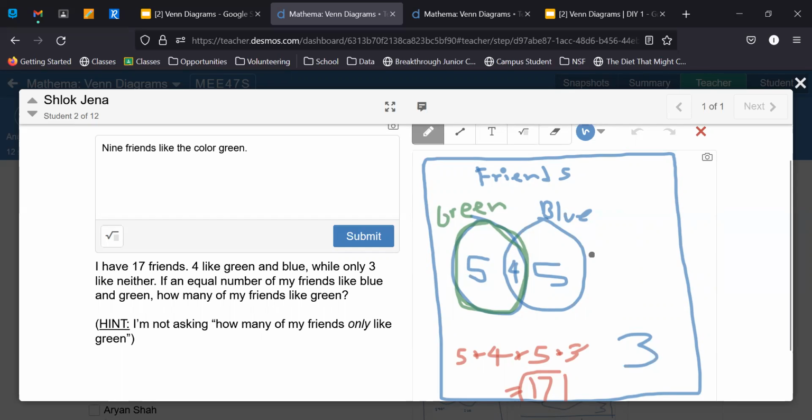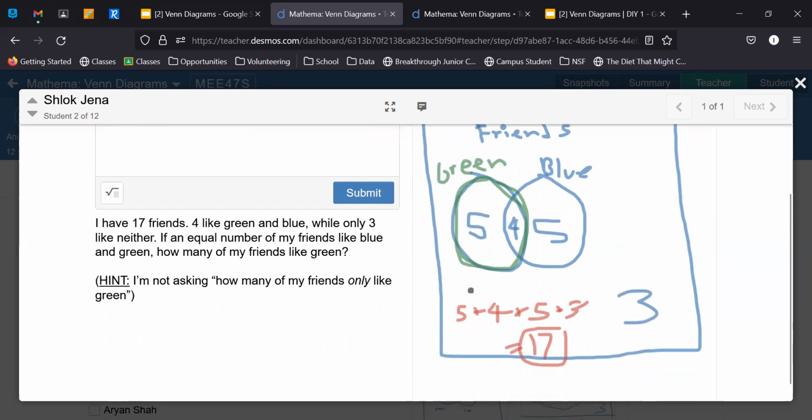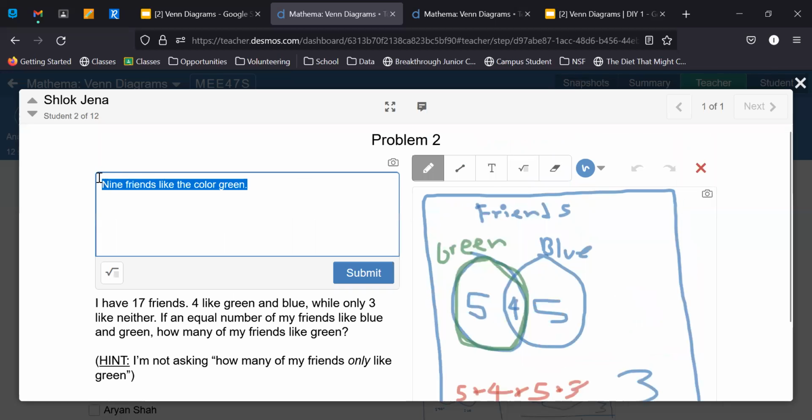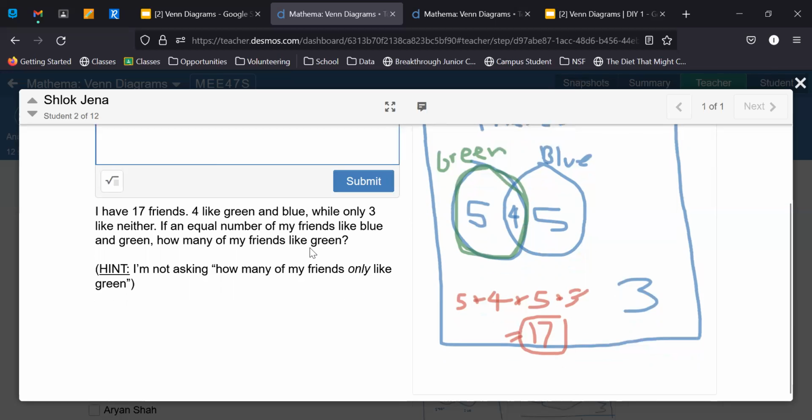And we know that they're divided equally. So we just do 10 divided by 2 and we get 5 like only green and 5 like only blue, right? And now we have to ask ourselves how many of our friends like green, not how many of our friends only like green, right? So 5 plus 4 is 9, which he put. So good job. So 9 of your friends like green.